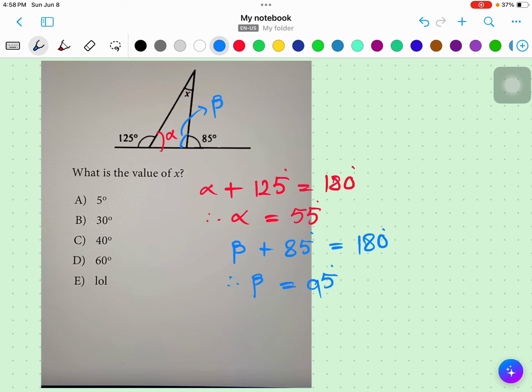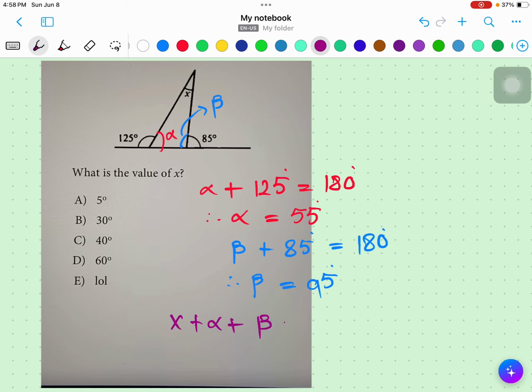According to the triangle sum theorem, x degrees plus alpha plus beta equals 180 degrees.